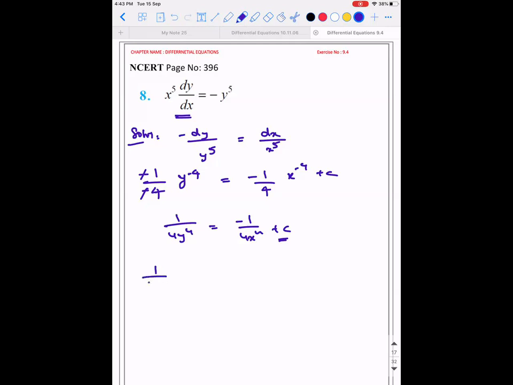So what we can do is 1 by 4, I'm bringing this to the left hand side. x power minus 4 plus y power minus 4, the whole divided by 4 is c.